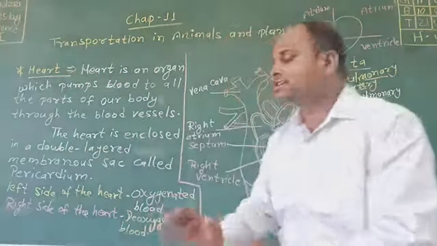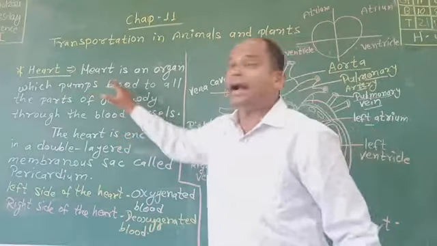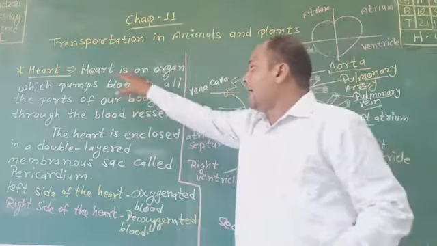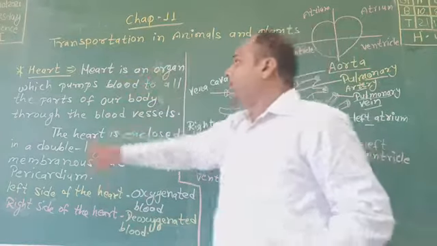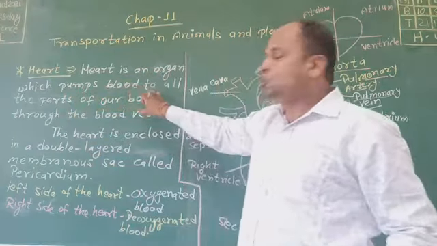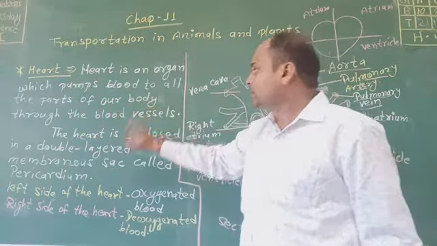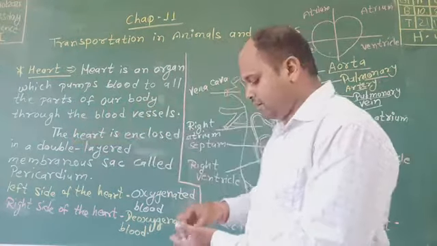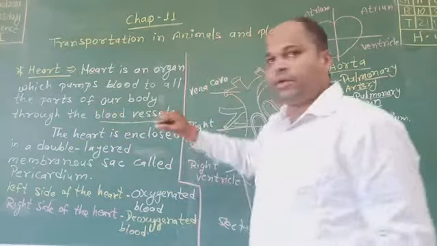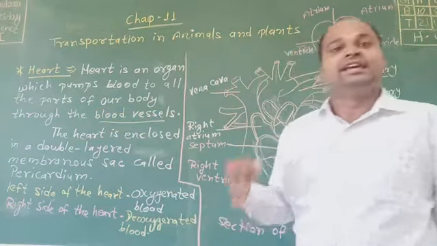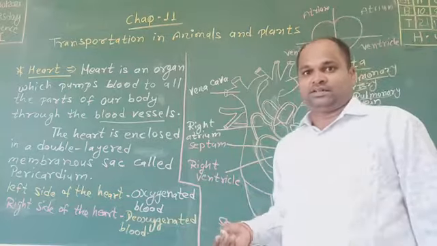So students, let's start today's class topic, the heart. What is the heart? The heart is an organ which pumps blood to all the parts of our body through the blood vessels. We have already discussed blood vessels in yesterday's class.